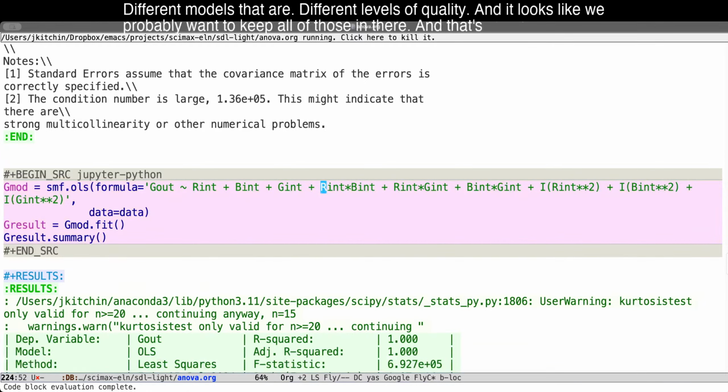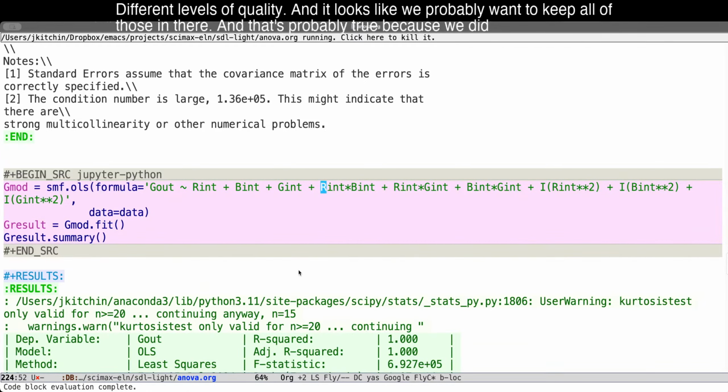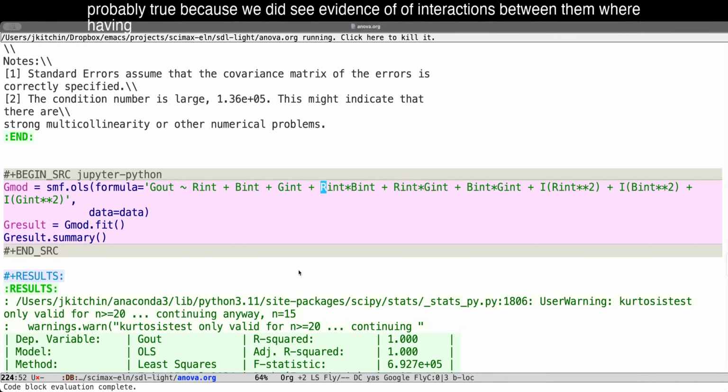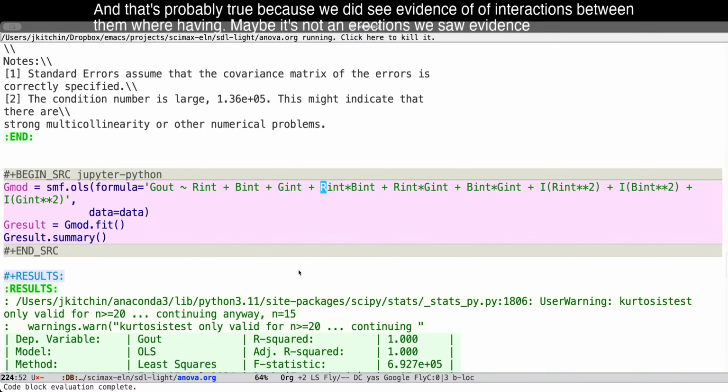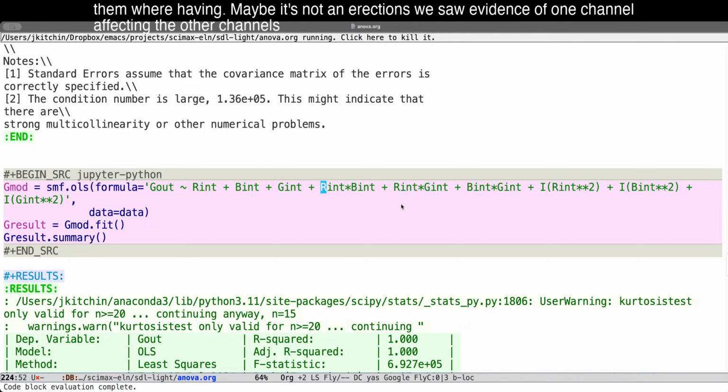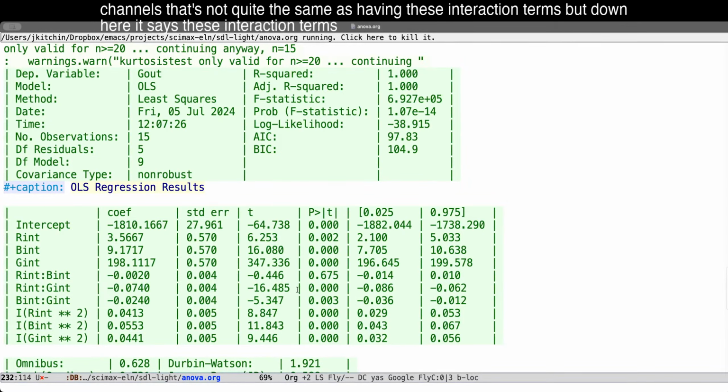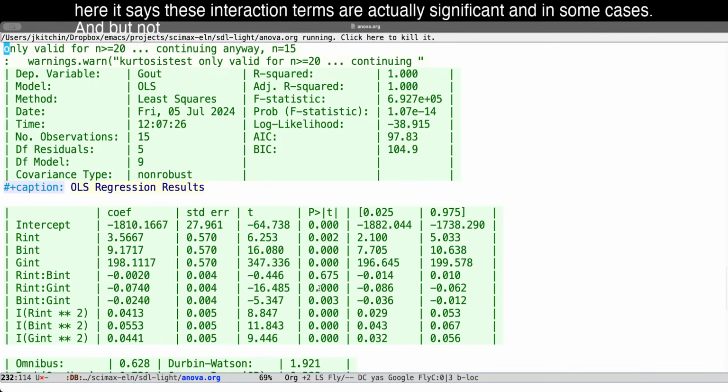And that's probably true because we did see evidence of interactions between them, where, maybe it's not interactions, we saw evidence of one channel affecting the other channels. That's not quite the same as having these interaction terms. But down here it says these interaction terms are actually significant in some cases, but not all of them. So that's all for this one.